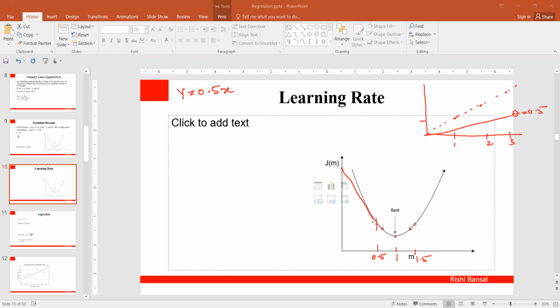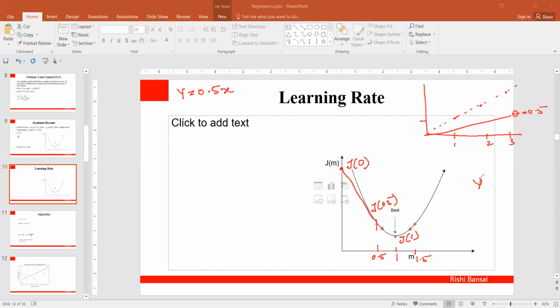This point will be your J of 0.5 and this will be your J1, and this point is nothing but your 0, because this graph is between m and J of m, in terms of the parabola. Here J and m are coming, so you may be getting confused.